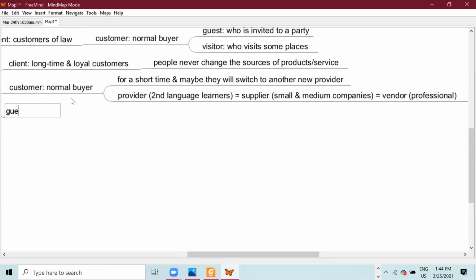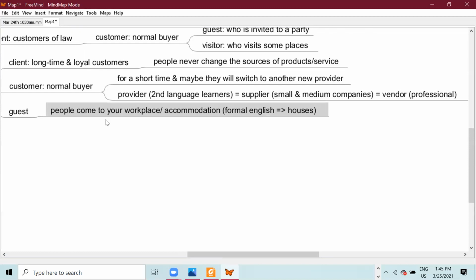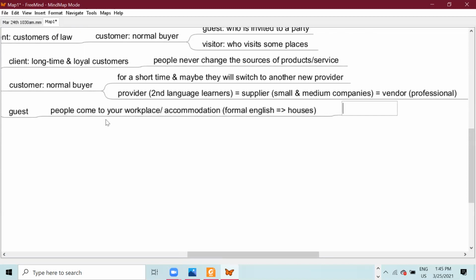And the second one is the word guest. If you mention guest, you will think about people who come to your workplace or your accommodation. We use accommodation because this is formal English, but if you want to be friendly, you use the word house. People who come to your workplace or accommodation just to check up on your system are called guests.